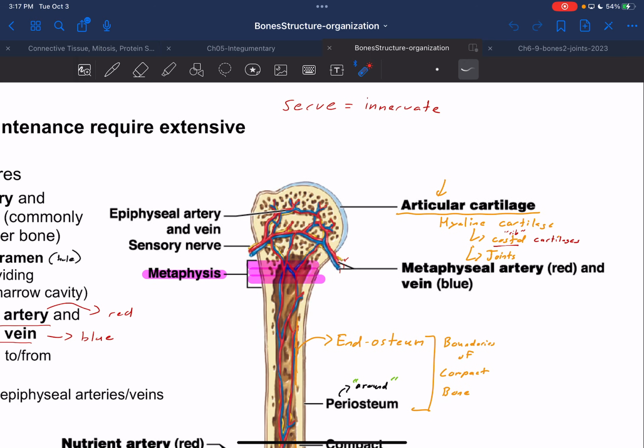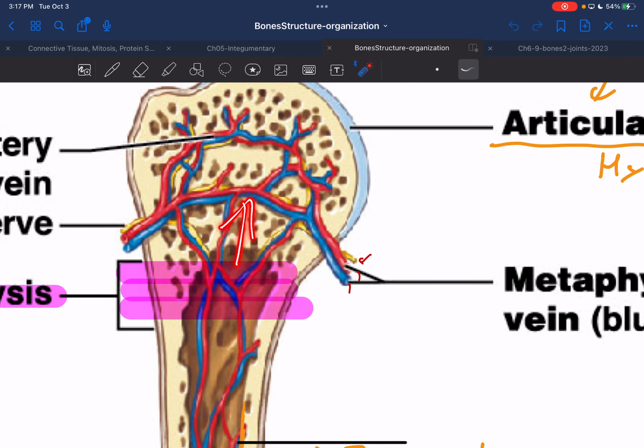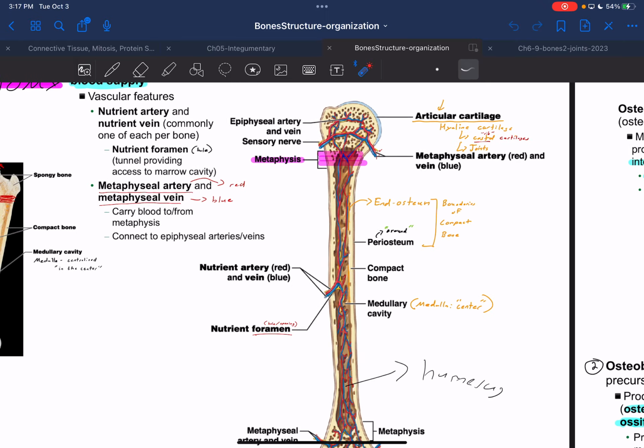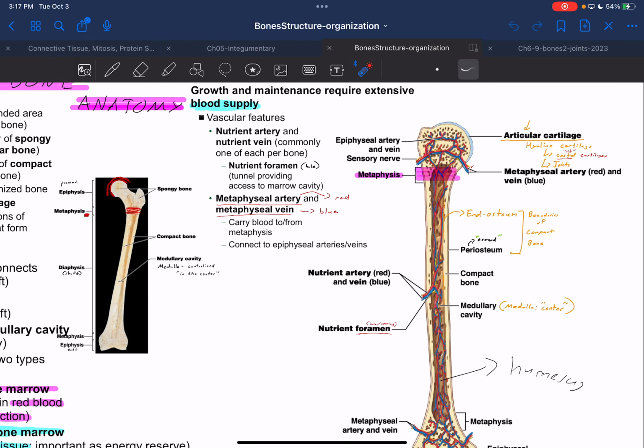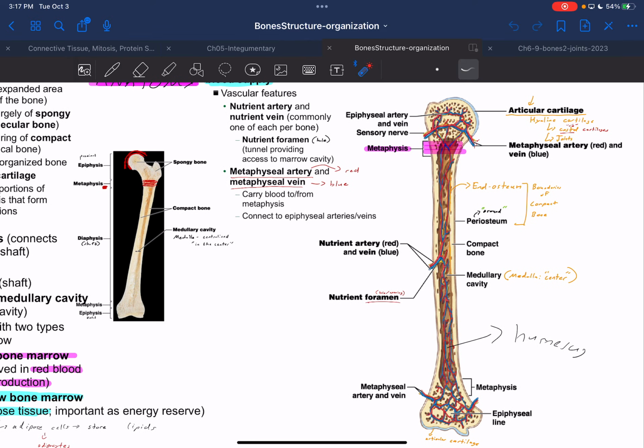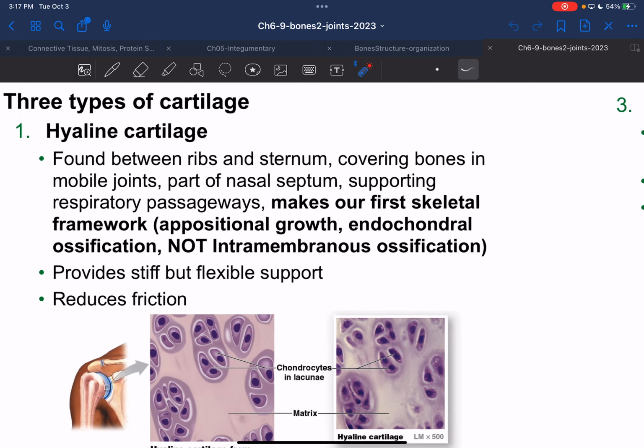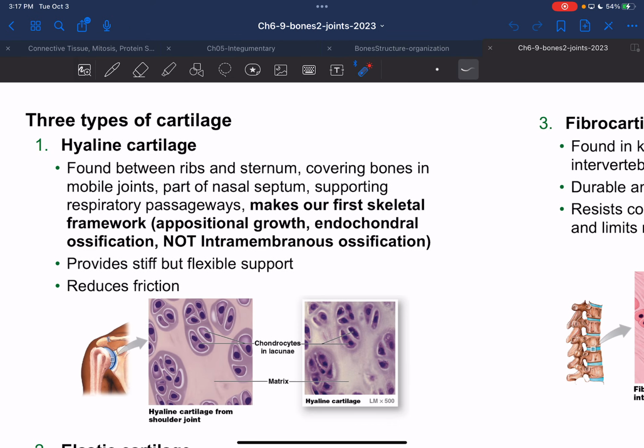And then you're going to see that it played a big role in the growth, right? Think about when you were a child, that your bones, your humerus bone, even as you look at a child, this brachial region is definitely different from the size of an infant. And so bones have to grow. And that's our topic for today, is how bones grow. And one fundamental understanding for that is that you need to understand that hyaline cartilage plays a very fundamental role in forming our first skeletal framework.